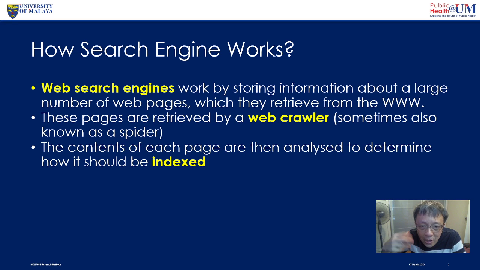After that they index the page. So that's how a web search engine works. They are not really specific. They search all the words, and they don't specifically say this is a research journal or paper.